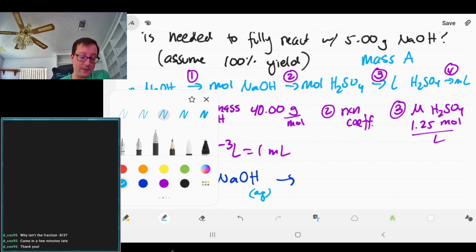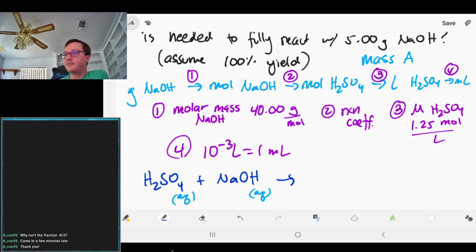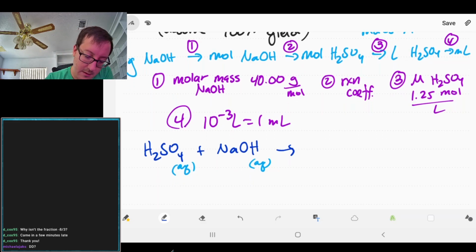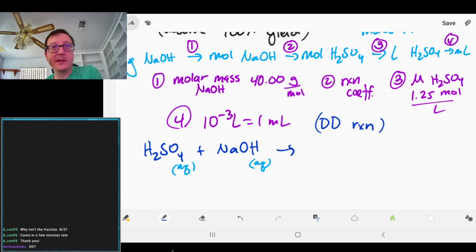Take a guess. You have a 1 out of 4 chance now that we've gotten rid of combustion as an option. Yay! Michaela wins. It is indeed double displacement. 2 ionic compounds coming together. That means it's double displacement. This is a double displacement reaction.